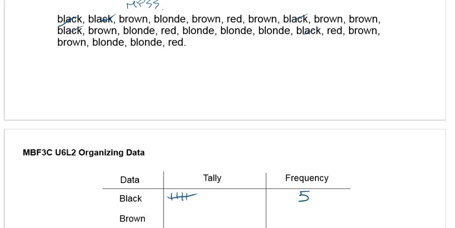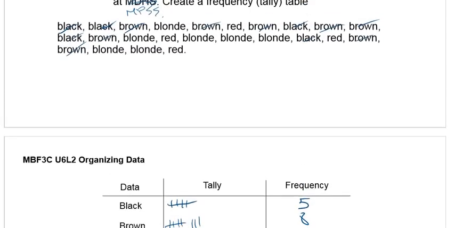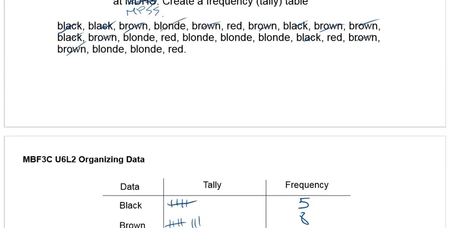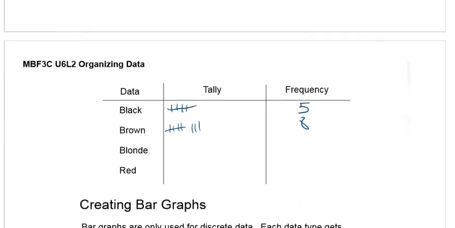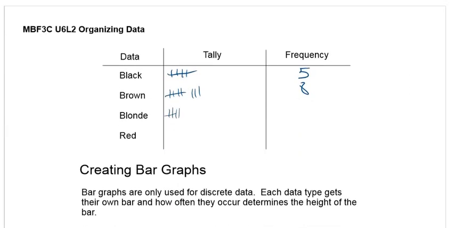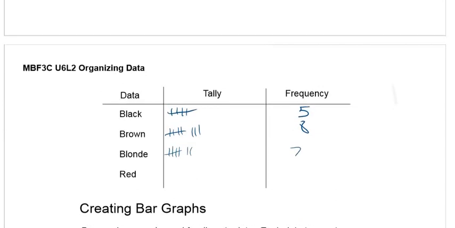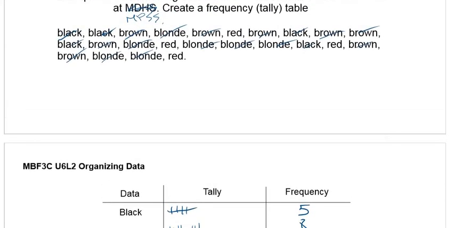For brown hair, we have 1, 2, 3, 4, 5, 6, 7, 8. Then we're looking for blonde. That's going to be 1, 2, 3, 4, 5, 6, 7. And then we have the red: 1, 2, 3, 4.